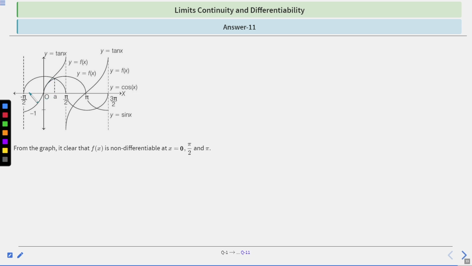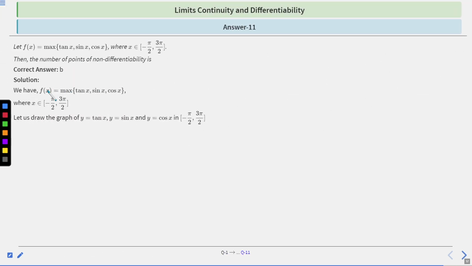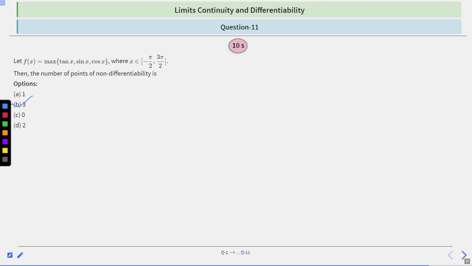We want to take the maximum, right? So this is a corner point. Maximum is this one. Clear? π/2 is also a corner point, and after this it will go like this, so π is also a corner point. So there are 3 points at which it is non-differentiable. So I think option B is the right choice.